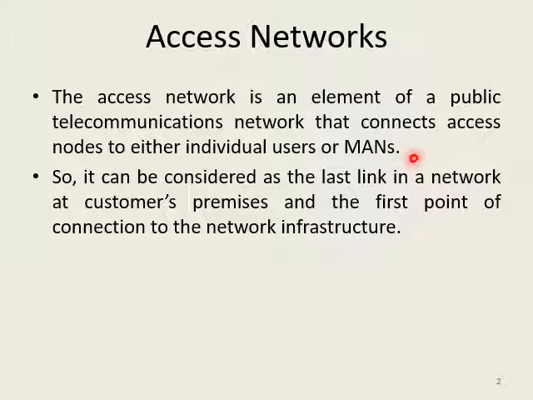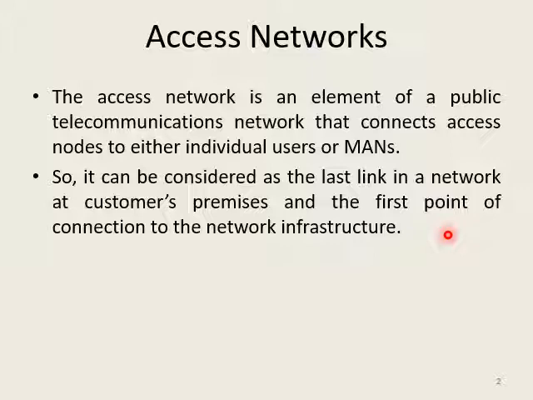So the access network just needs to connect to the users or any other particular network unit. So it can be considered as the last link in a network at a customer's premise or the first point of connection to the network infrastructure.